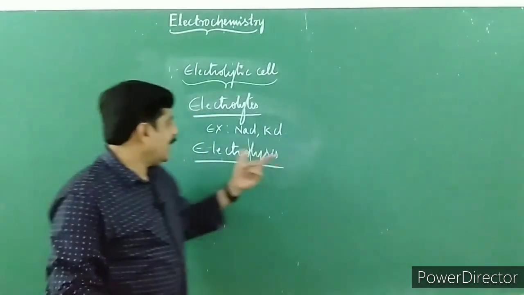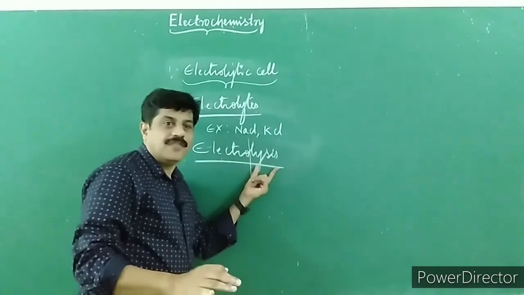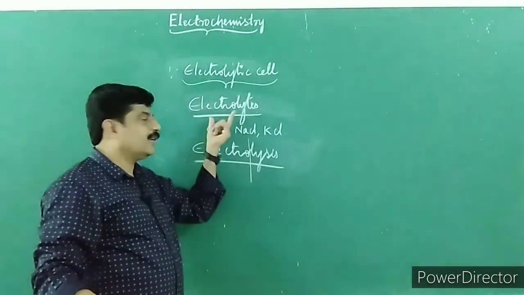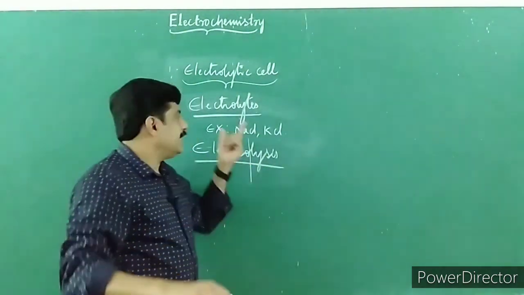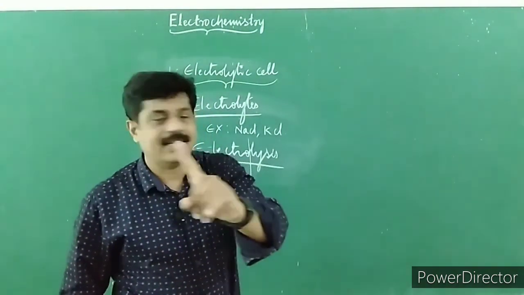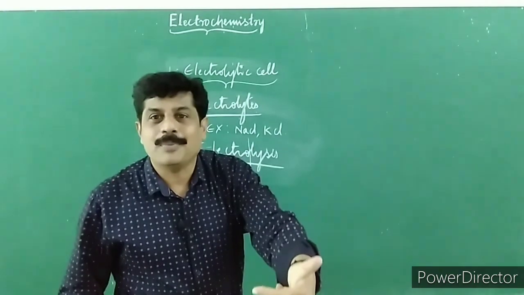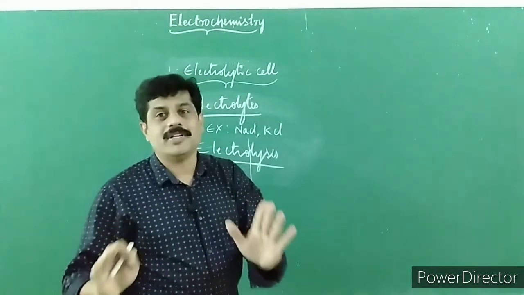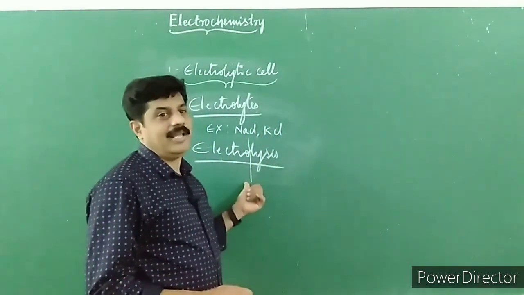Simply, the process of decomposition or dissociation of an electrolyte by passing electric current is called electrolysis. The condition is that the electrolyte should be dissolved in polar solvent or it should be in the molten state, and that is what you call electrolysis.